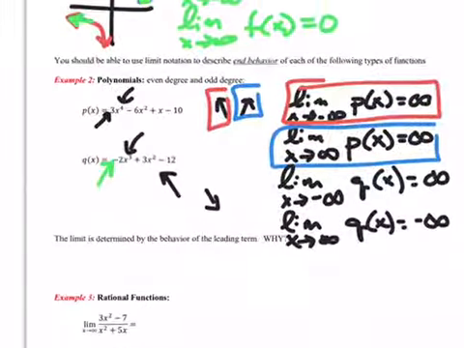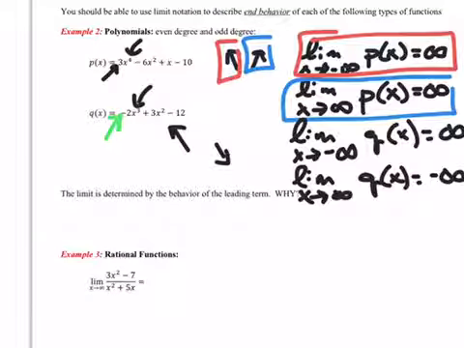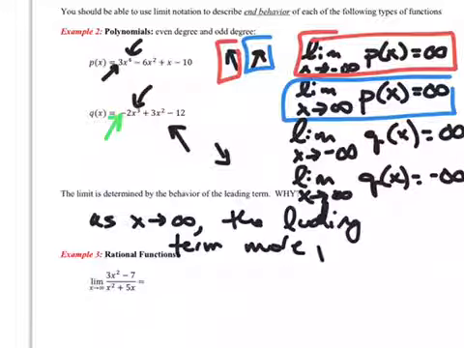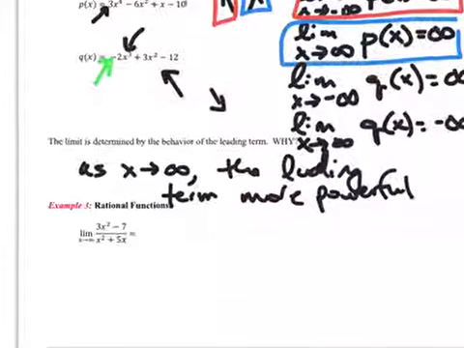Now the limit is determined by the behavior of the leading term, and why is that? Because as x approaches infinity, the leading term, which contains the degree of the polynomial, becomes more powerful. It overwhelms the other terms.